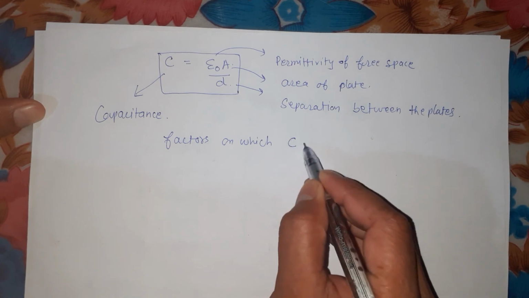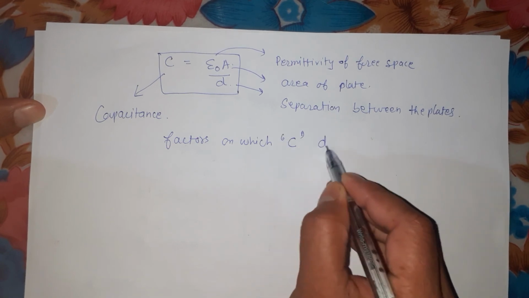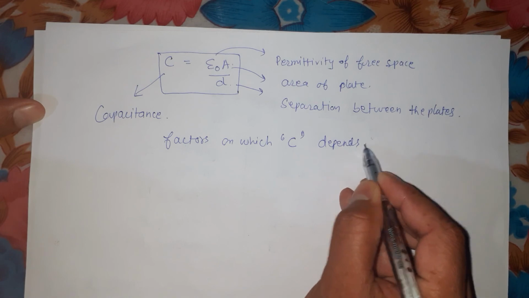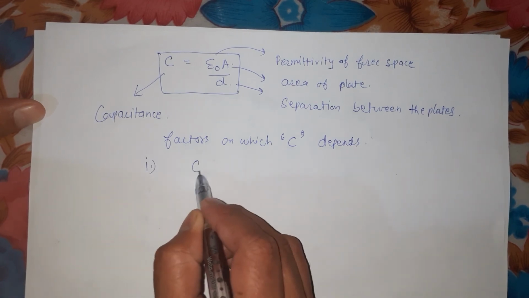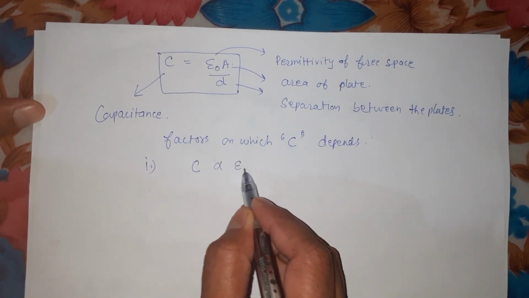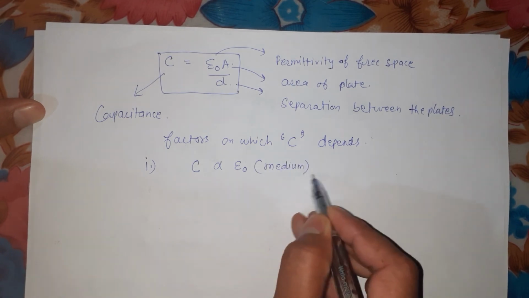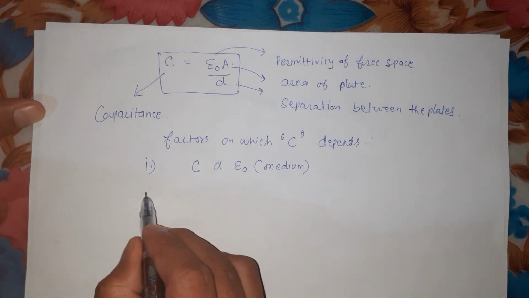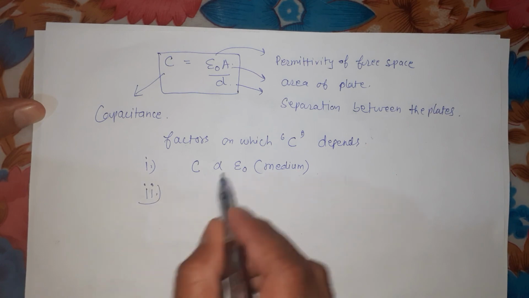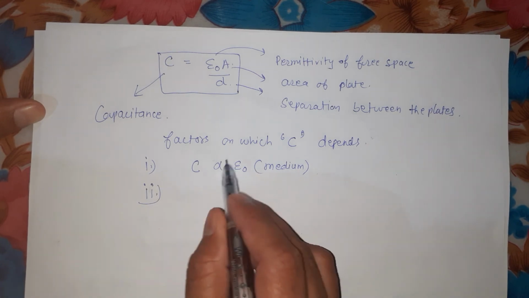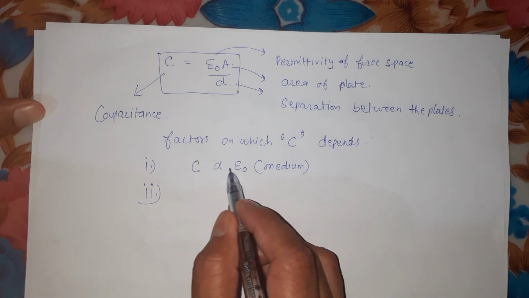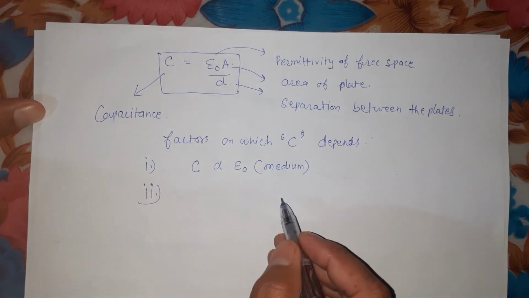This we can check from the formula. First, it is directly proportional to the medium. Epsilon naught is used for the medium, so it is directly proportional to the medium. If you put any medium, the capacitance will increase in that case.